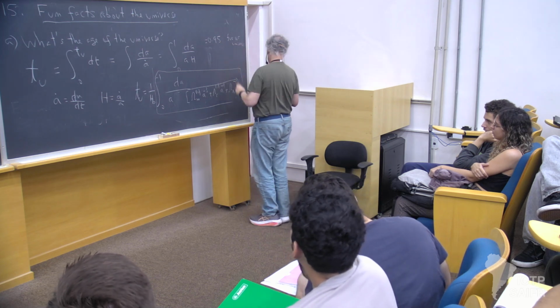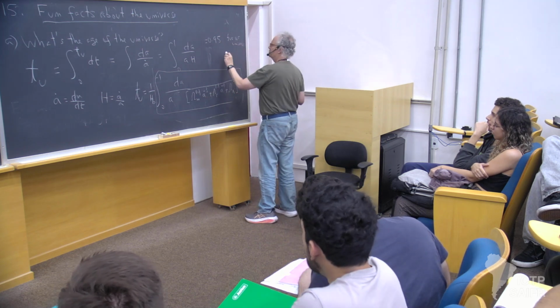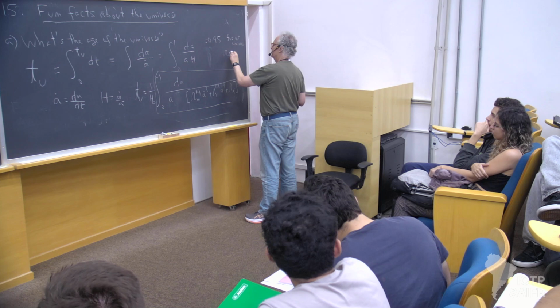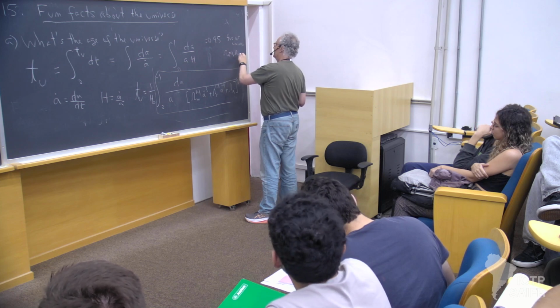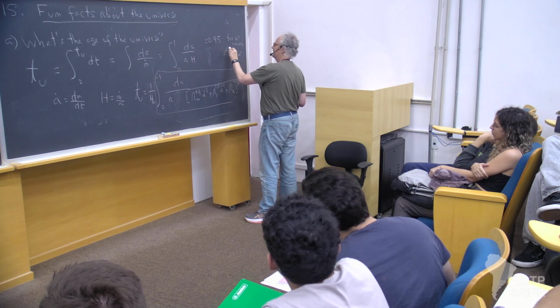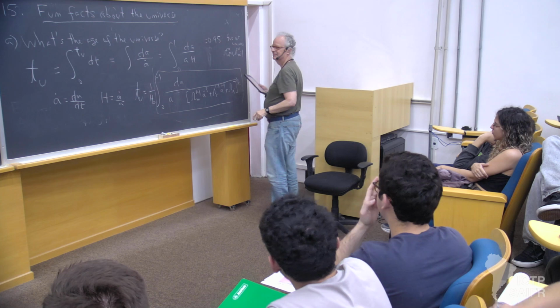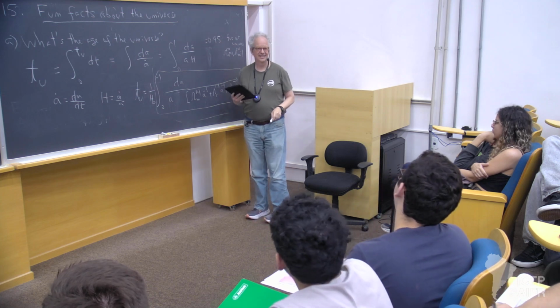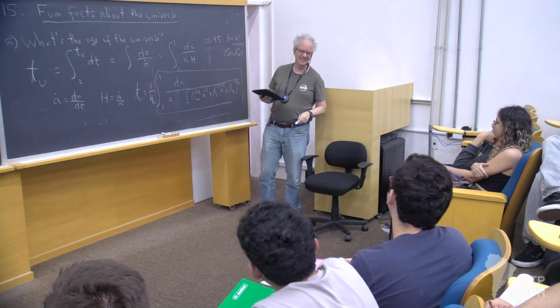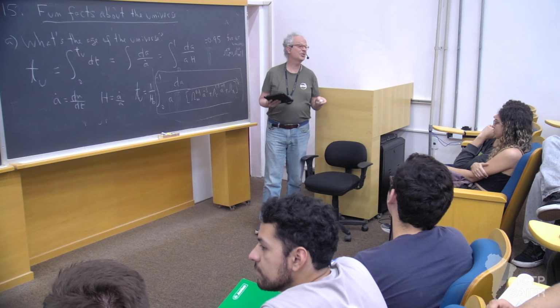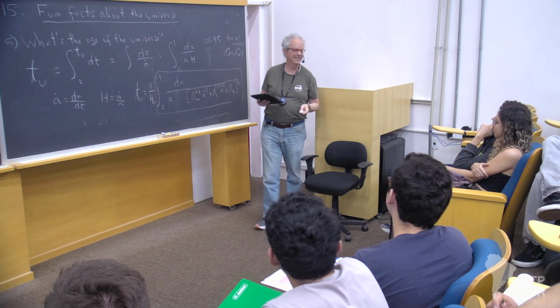So this is for our universe. Now, suppose you have a universe, which we thought before was the case, with no cosmological constant, and everything today in matter. So we had that in the last century. This was called the Einstein-de Sitter model, by the way.